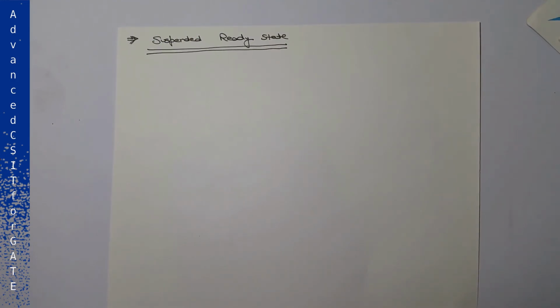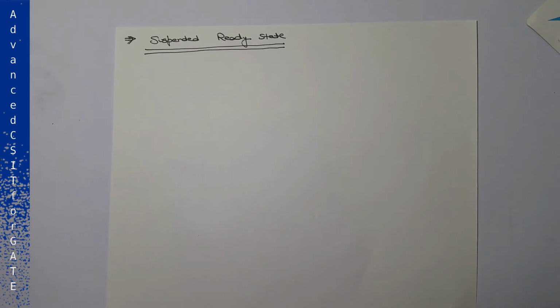First one is the suspended ready state. We use these suspended states when we have no location in main memory left, so we want to make some space.